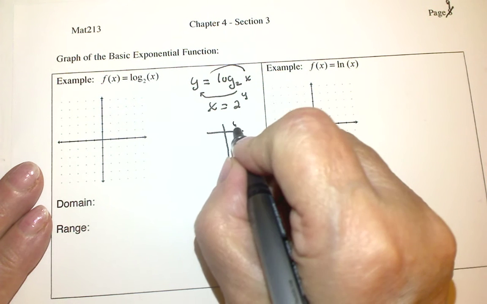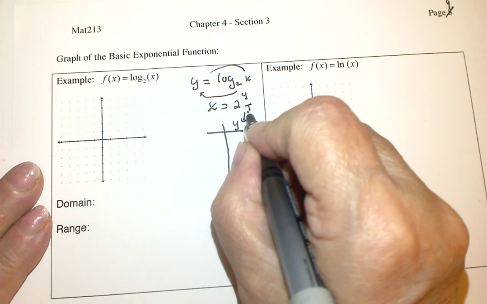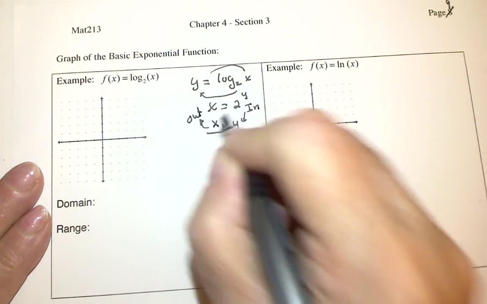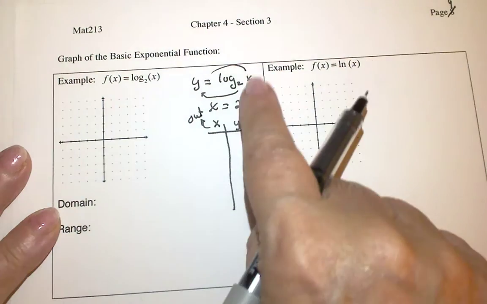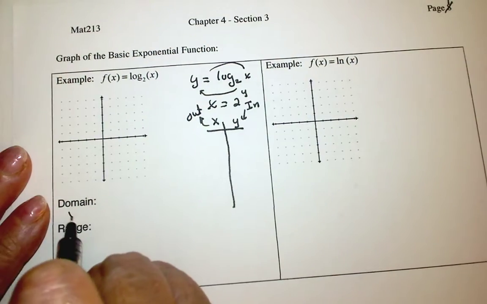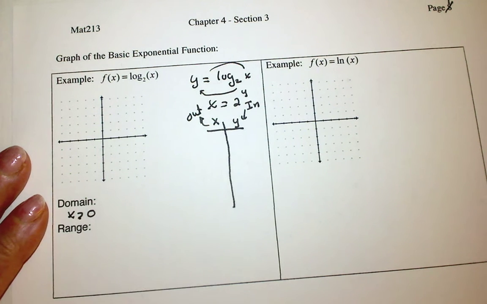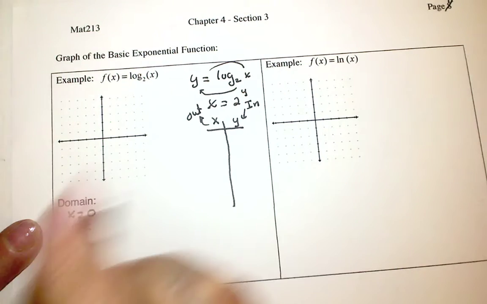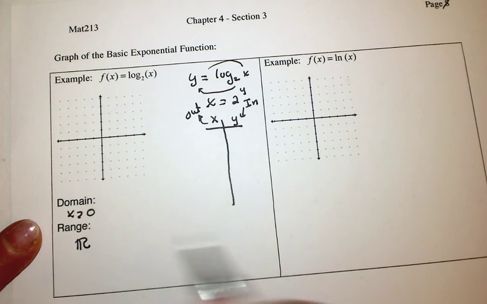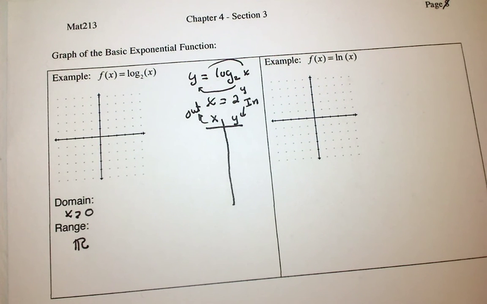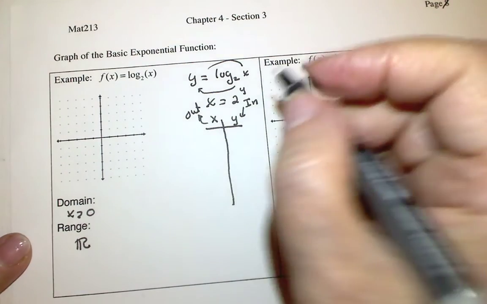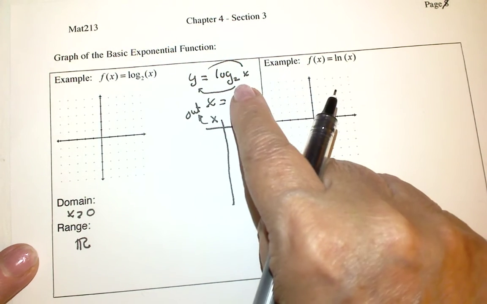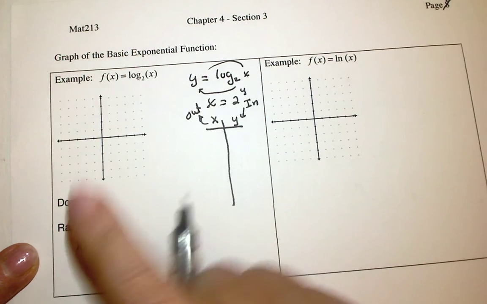I'm going to put in y values, and I'm going to get out x values. Now, the domain, x has to be positive. What I'm taking the logarithm of has to be positive. And the range is all real numbers. So I can't put 0 in because I can't take the log of 0. 0 is not in the domain.